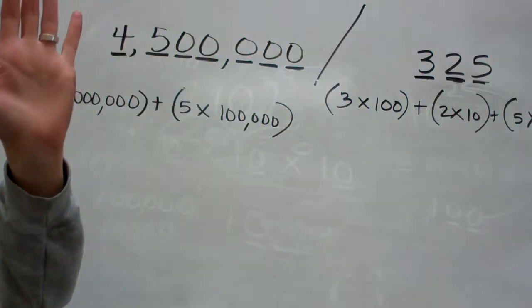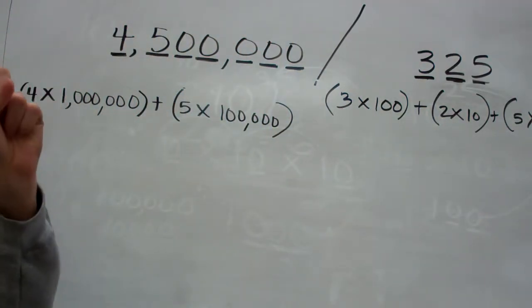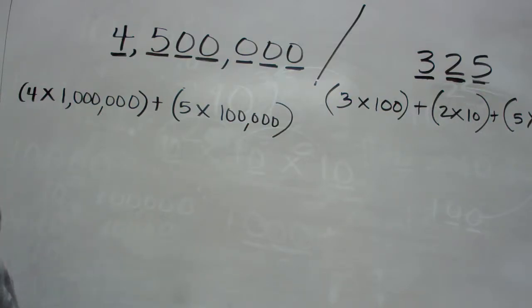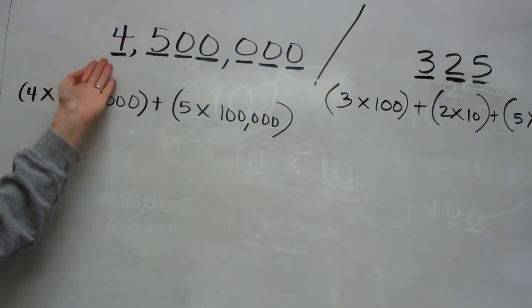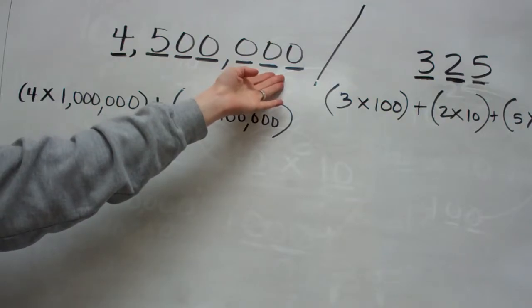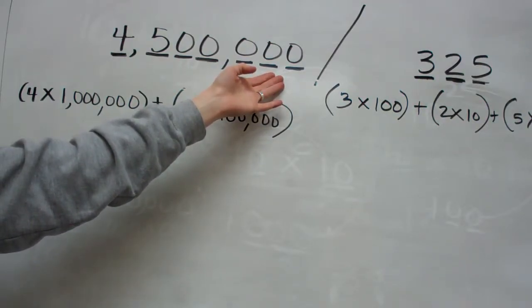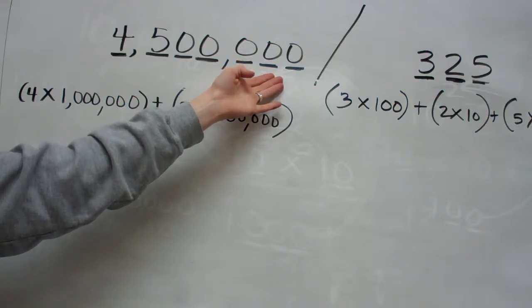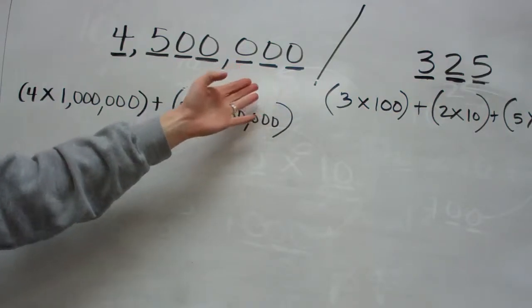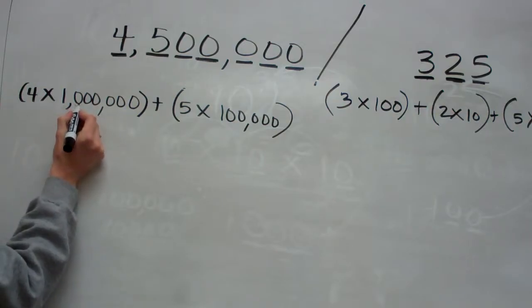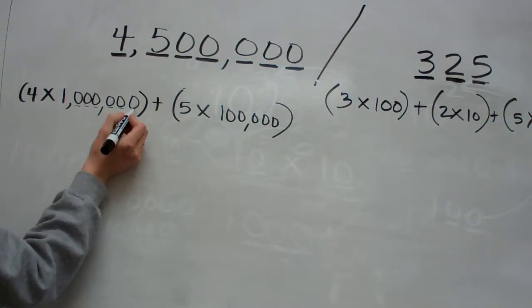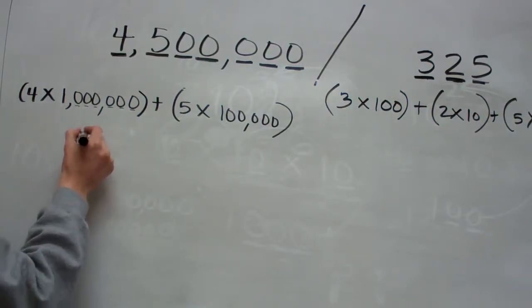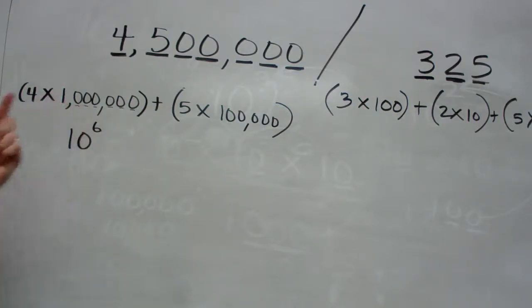Now, they're wanting you to go one more step. The question was to write this number in expanded notation and then use powers of 10. Now stay with me. How many zeros do I have? 6. Does that mean the same as that?